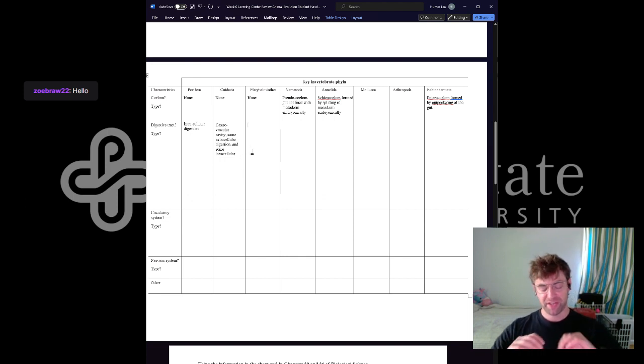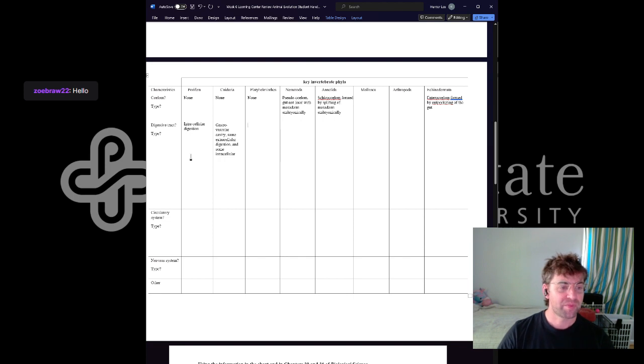So gastrovascular cavity is just a cavity for digestion that's highly vascular, has a lot of circulatory tissue or structures around it so that nutrients can diffuse directly across those surfaces. So not super efficient, but more efficient than just relying on cell-by-cell digestion.